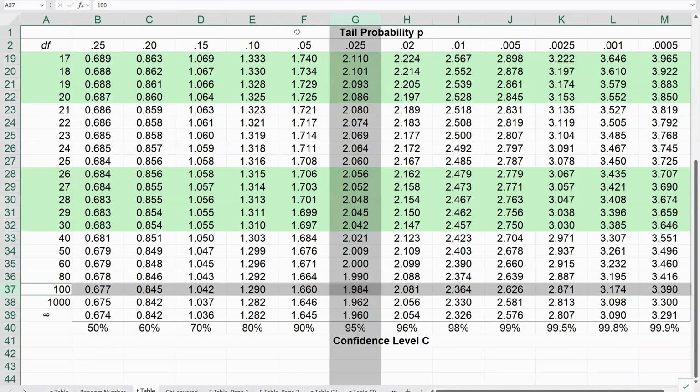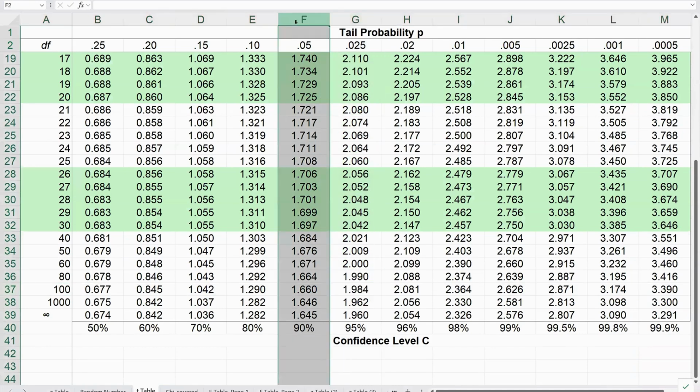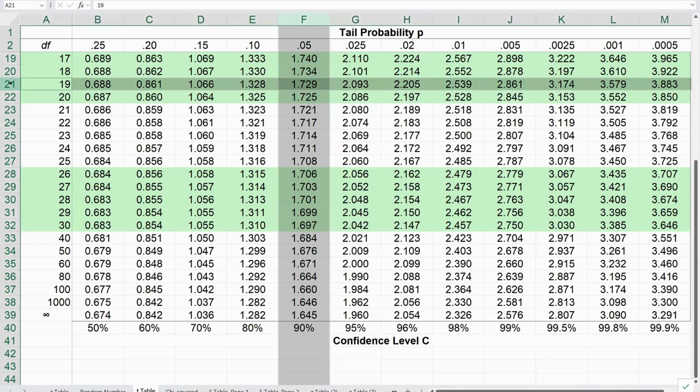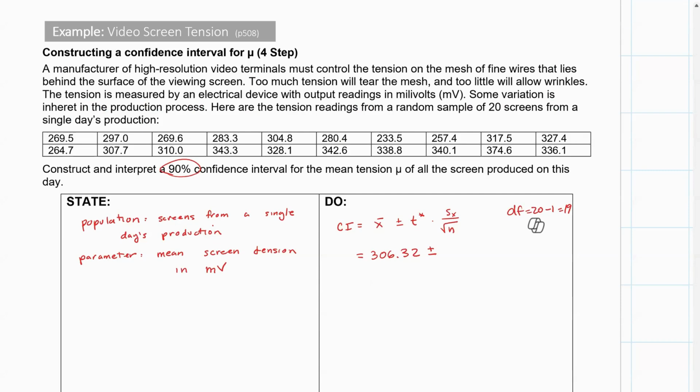So 90% confidence is in this column, 19 degrees of freedom is in this row. And it looks like 1.729 is our t star value. 1.729 times that standard deviation, which we calculated, 0.362093, and that's all divided by the square root of 20.